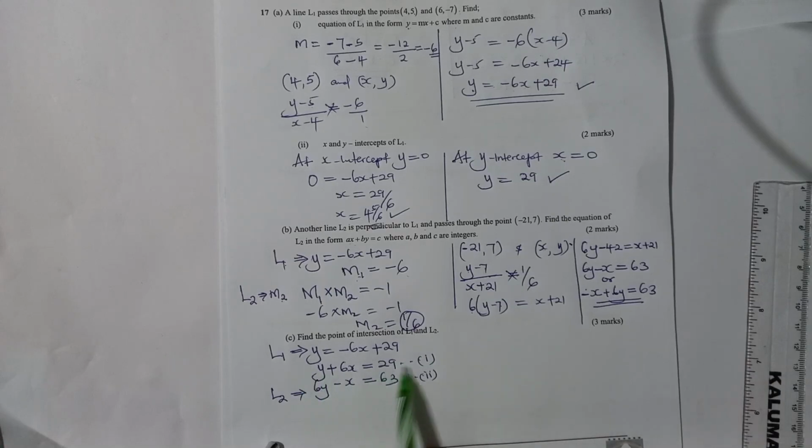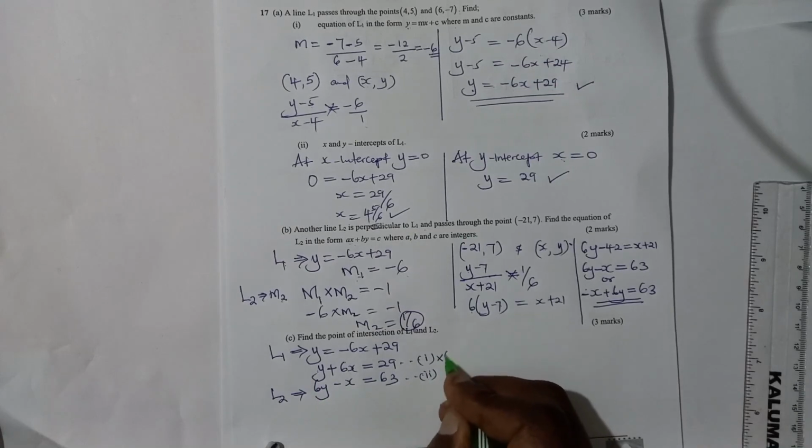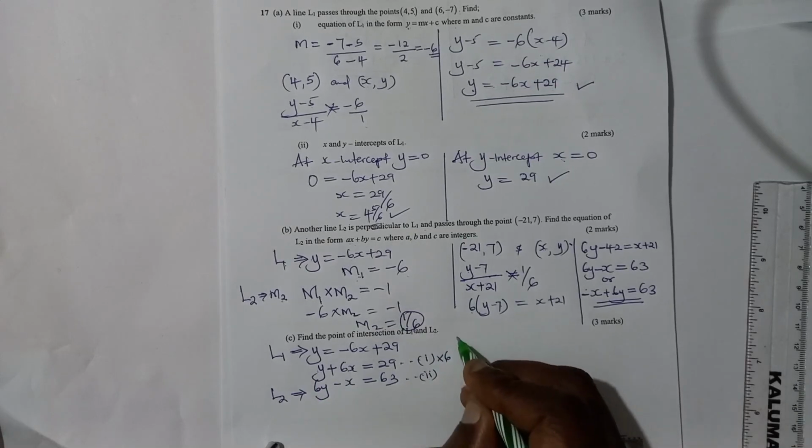So we have L1 here, equation 1, and L2 here, equation 2. We solve them simultaneously. You can see I'm matching them. I can decide to eliminate y. Here I have y, here I have 6y. To eliminate y, I'll use the elimination method.